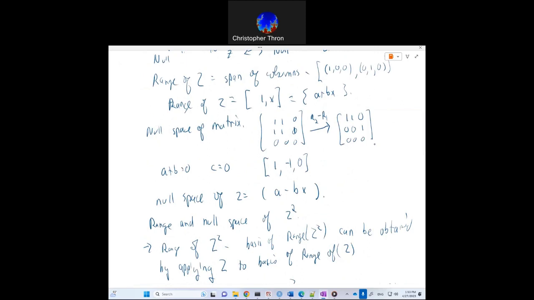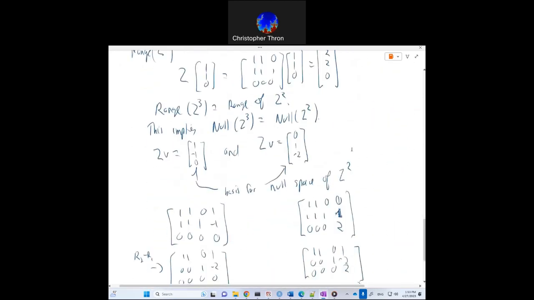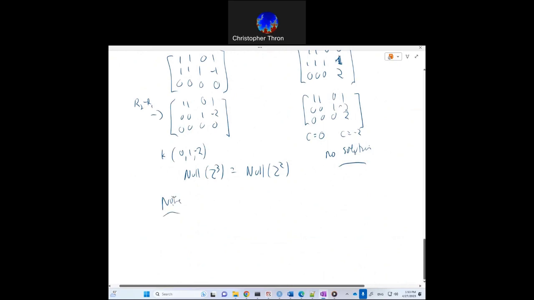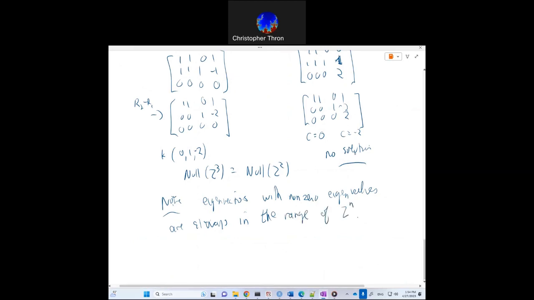To kind of ladder yourself up once you have one of them. One thing to notice here is that the eigenvectors with non-zero eigenvalues are always in the generalized range.